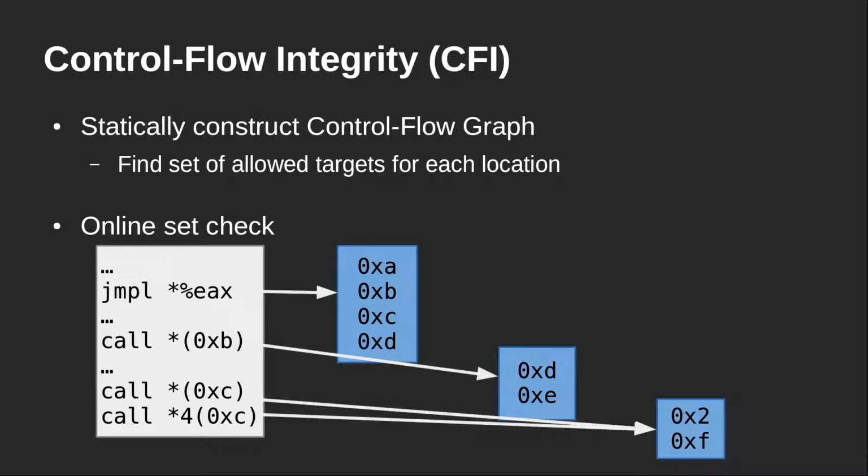And for each individual indirect control flow transfer instruction, we have to find the set of allowed targets at compile time. And at runtime, we execute an online set check. So for each indirect control flow transfer, we check if the target is any of the possible targets that were determined at compile time. If it is in this set of allowed targets, we allow the execution to continue. If it is not, then we terminate the application.